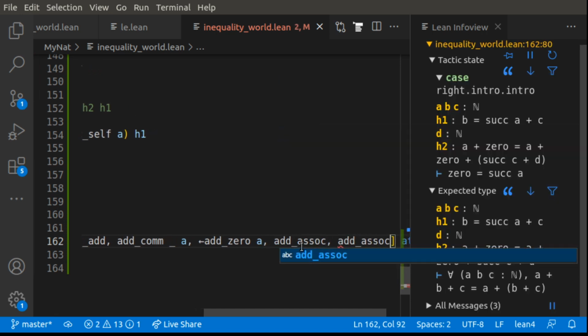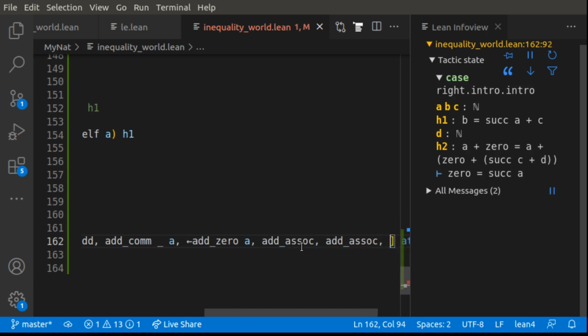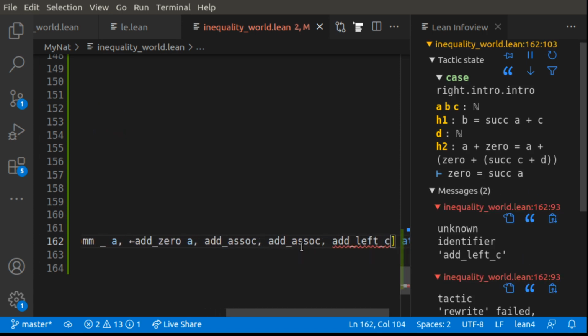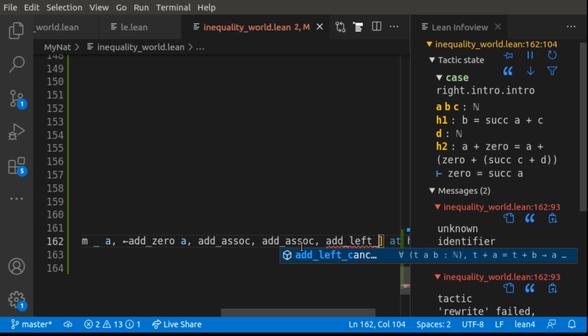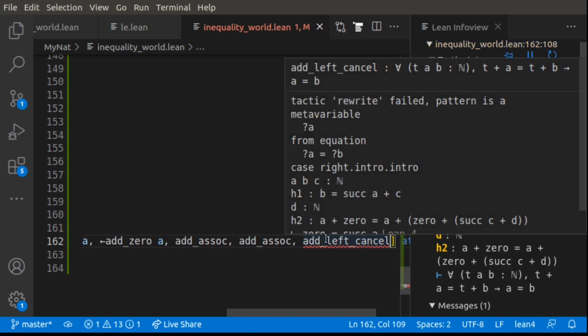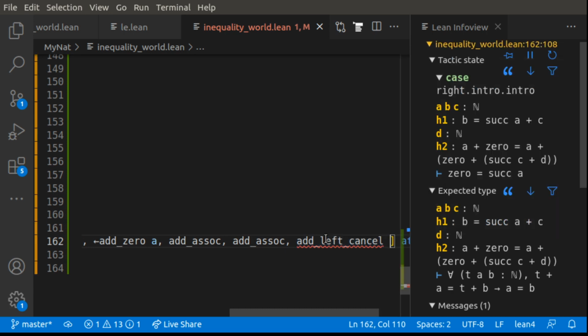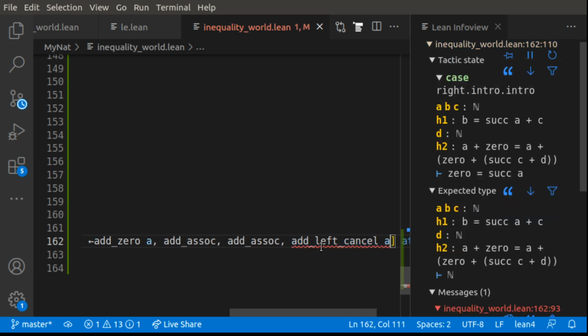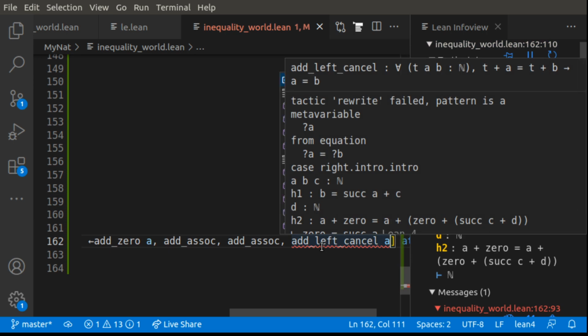Add associative. Add left cancel. Yeah, left cancel. Okay, so this needs to take a T A B. So the T would be A. T plus A.